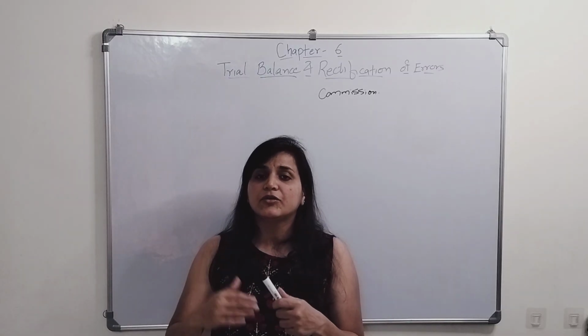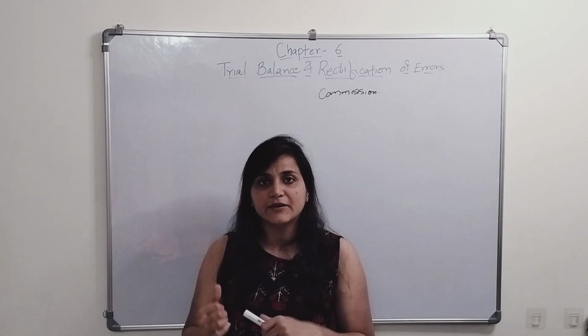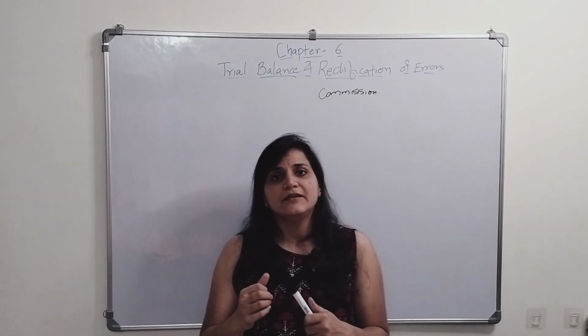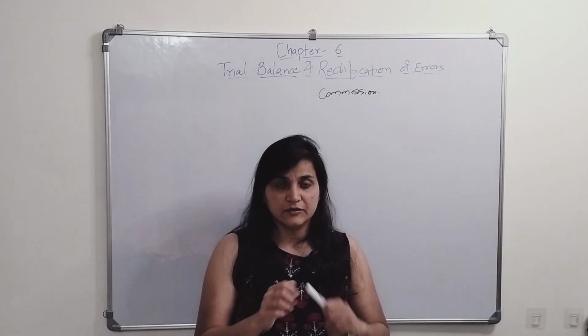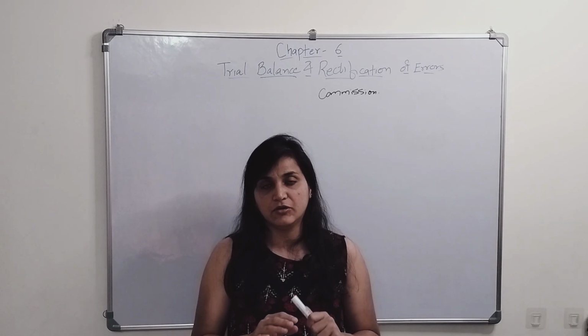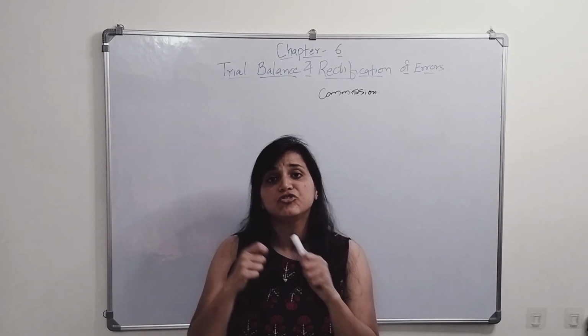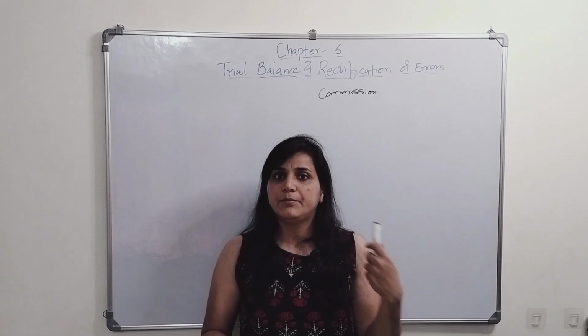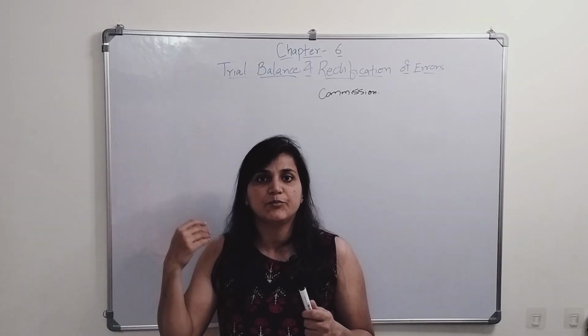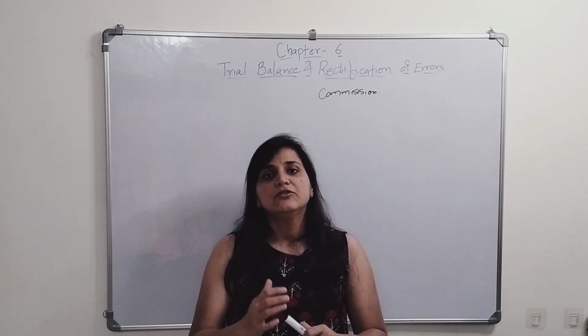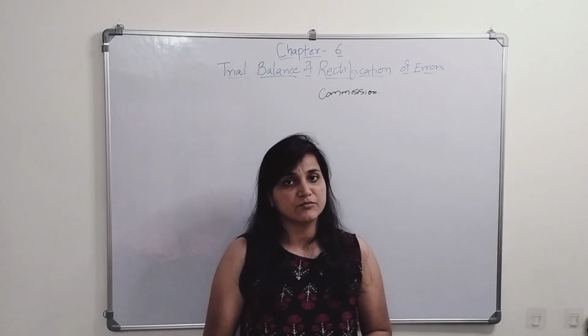I have calculated something more or something less. These are errors while posting to the ledger account and the trial balance. My purchases are 50,000, but by mistake I posted it as 60,000. So these are the errors of commission.